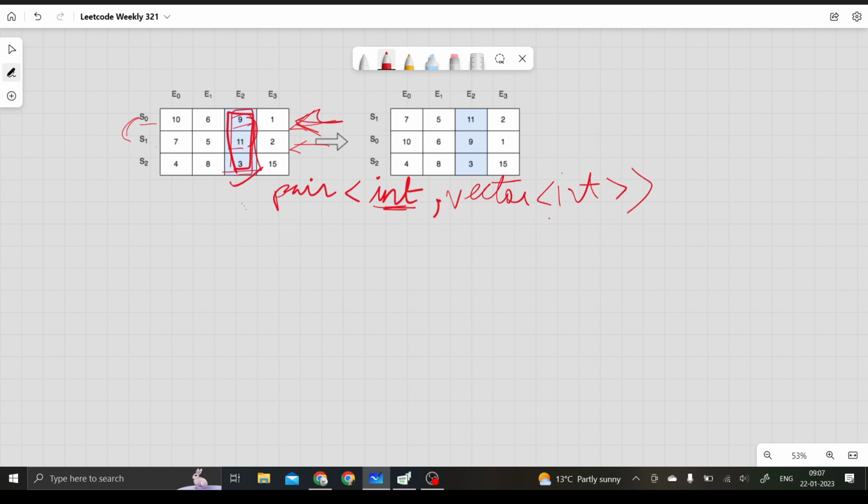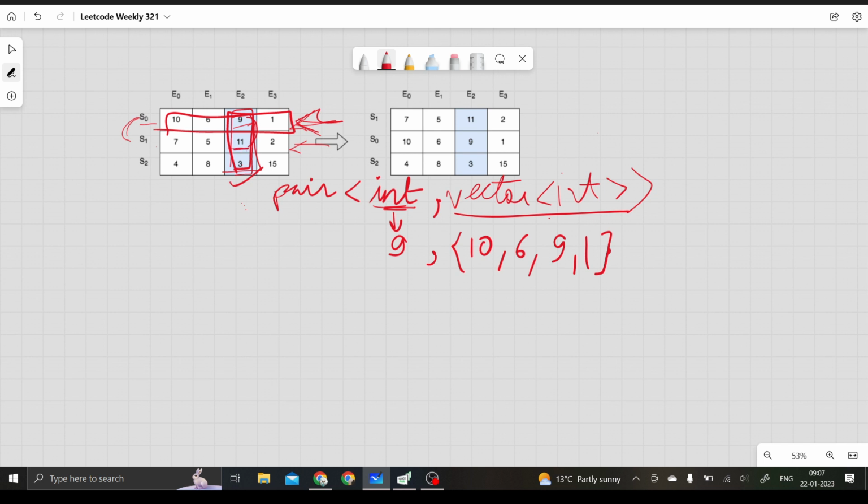The first value is the integer we are targeting, so first it will take 9, and then it will contain this vector, which is the whole row.